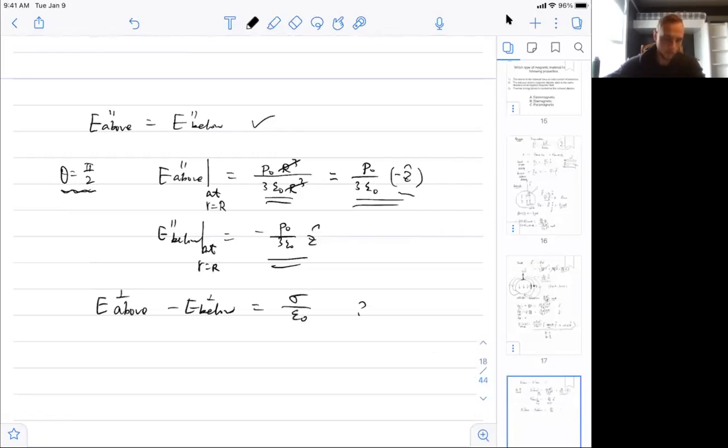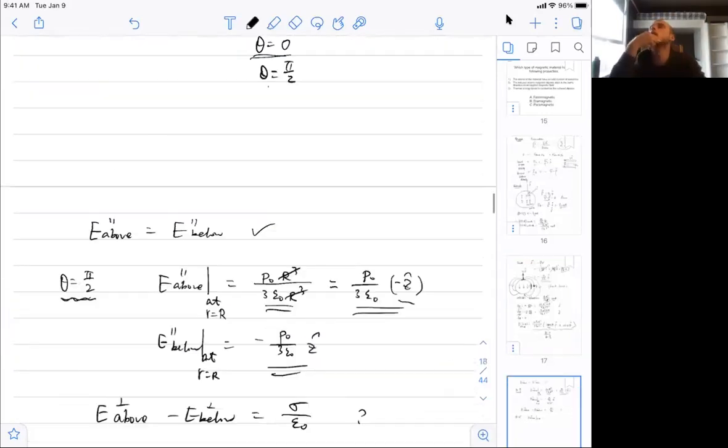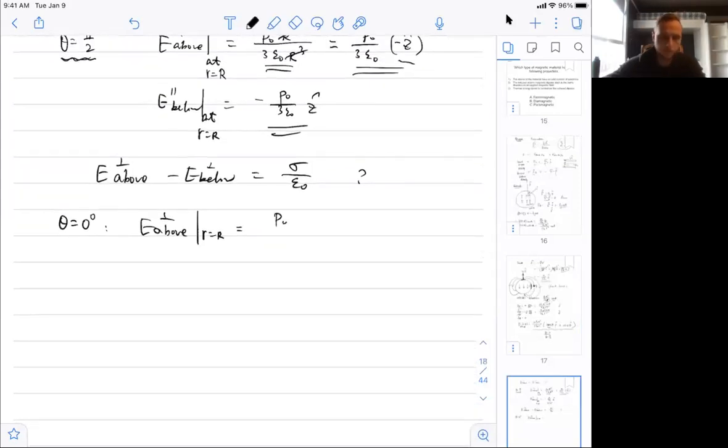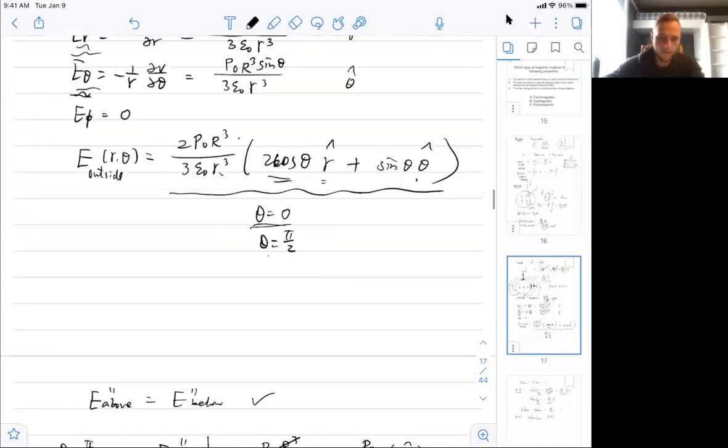So let's see. At theta equals 0, you get your perpendicular component. So E outside is the E above. At R equals R, theta is 0. So plug in theta equals 0 and R equals R. Did I have a 2?